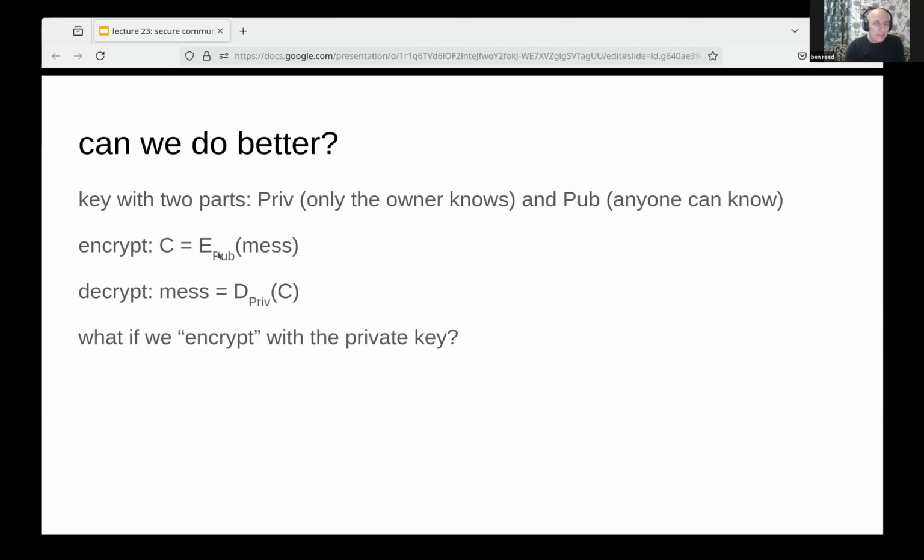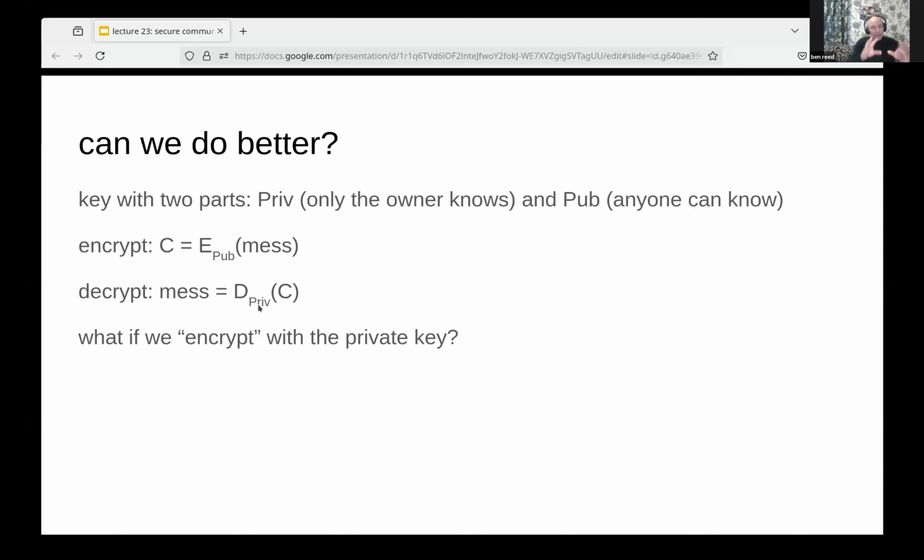So using public key encryption, everyone can send a message to the owner of the private key. And even though everyone sees the encrypted message, no one, including the sender, can decrypt it. Only the owner of the private key can decrypt it.